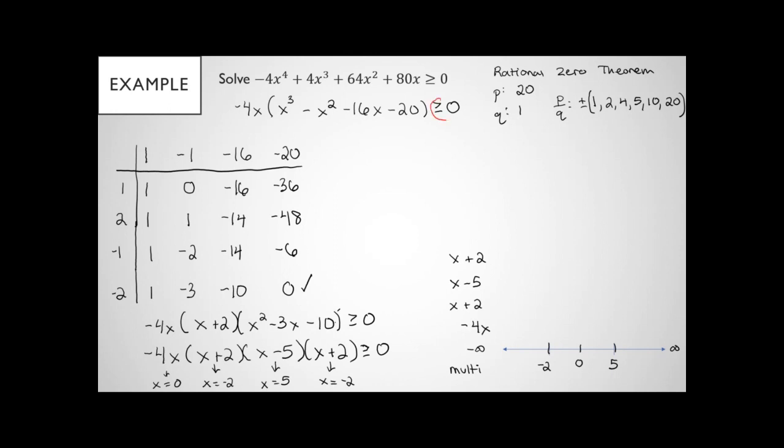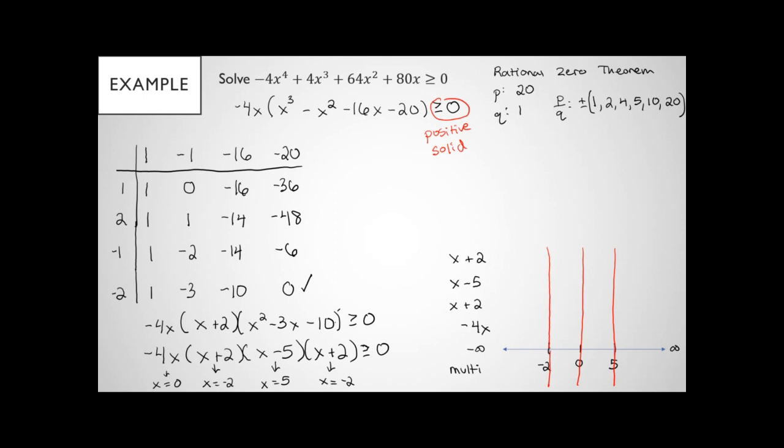So we've got a greater than or equal to 0, so we're going to be looking for positives, and it's going to be solid lines. So I'm going to draw solid lines here. We're going to be including all of our endpoints because it's greater than or equal to.